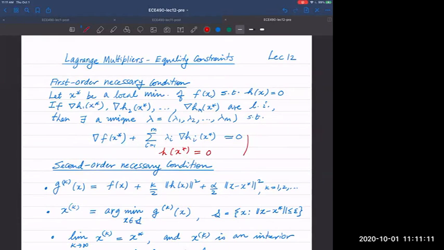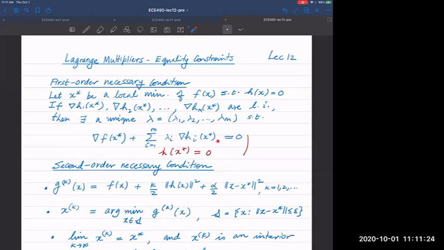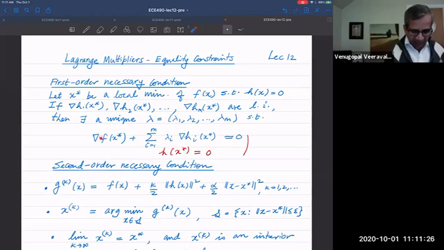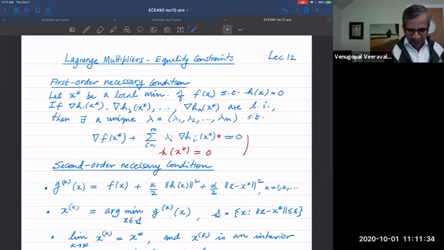For the first set of equations, for the gradient, how many equations are contained here? Yes, n. The gradient is n-dimensional, right? N equations. So the first equation gives me n equations, and h(x star) equal to 0 gives m of those.